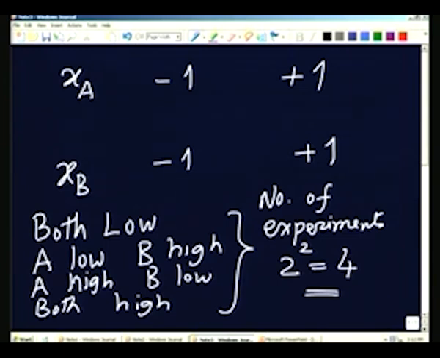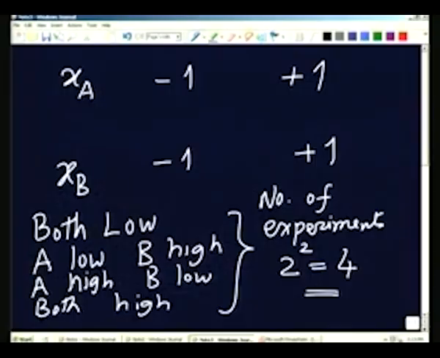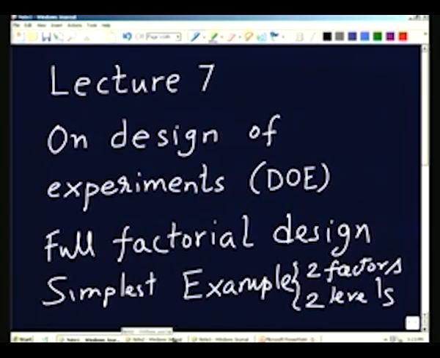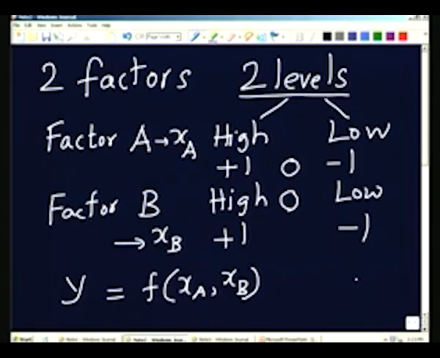So, we are now able to understand what is going on. We are conducting an experiment, and if I go back to the previous page, I have two factors, two levels. I am taking the two levels as the highest and the lowest value, or high and low value, in an experiment.